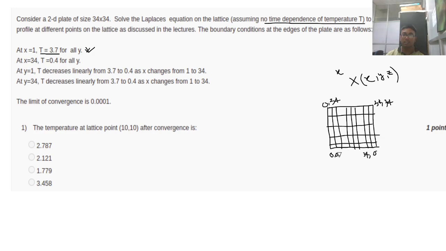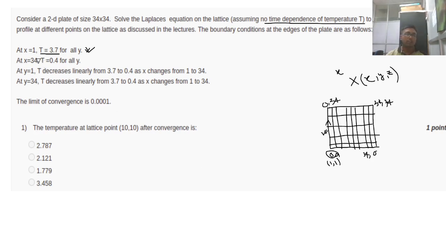Let's say instead of 0, 0, this is starting from 1 and 1. So for x equals 1, this line going upward, at all the points along this line the temperature will be 3.7 for whatever the value of y in this direction.